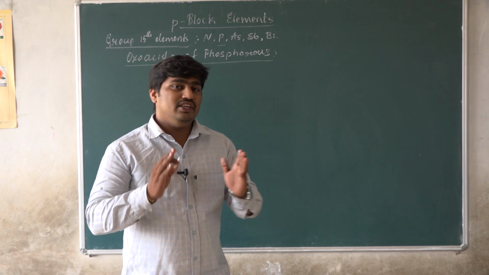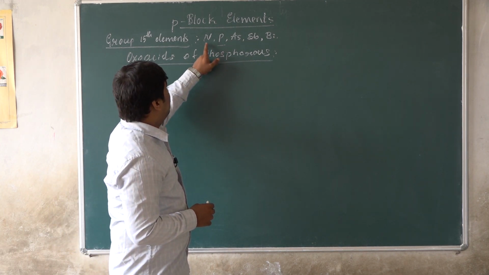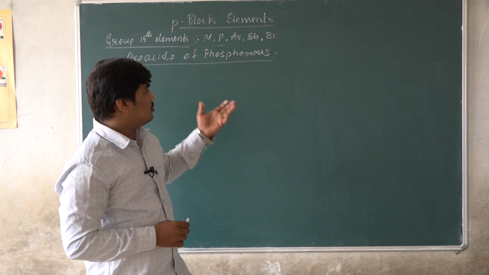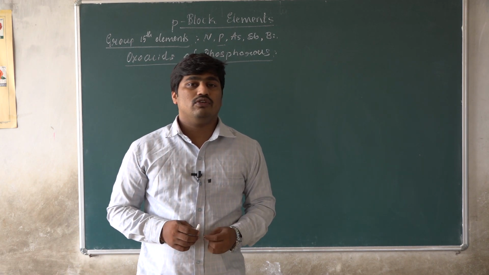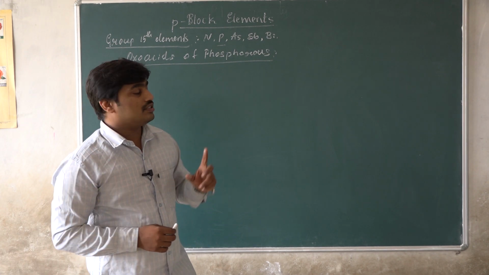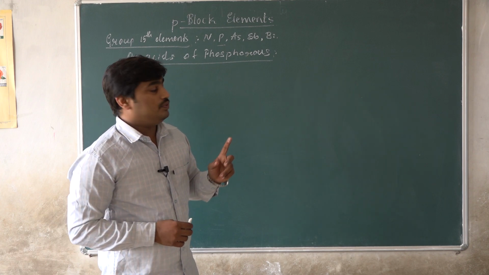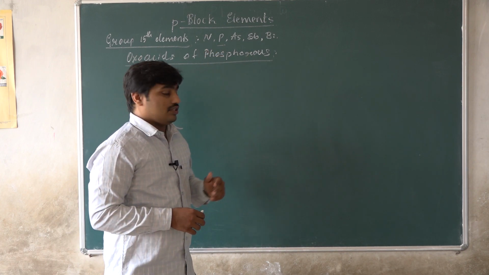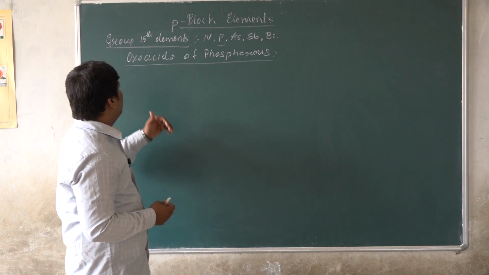What is the meaning of oxo acids? In the previous part of this topic, on the oxo acids of nitrogen, the very important oxo acid of nitrogen is nitric acid. We discussed that in the last video. Those who have not watched that video, please go through the last video and come back to this session.